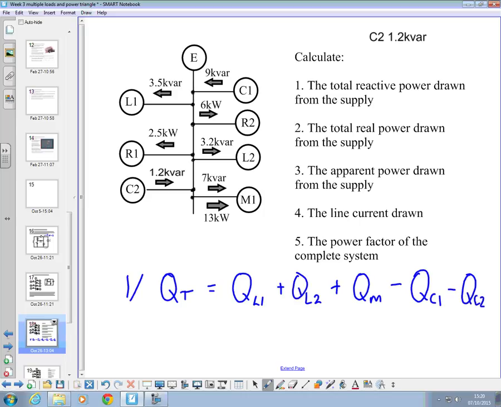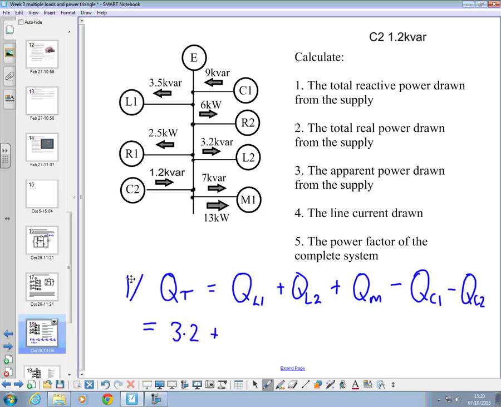Because they're all in kilo as well, we can just use the numbers and add them all up. So QL1 is 3.2.